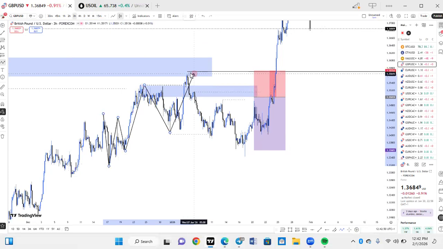So I saw this, and I said, no, this is a structural liquidity to this POI here. When I saw this whole price movement, I can't really take this as a break of structure to the upside.